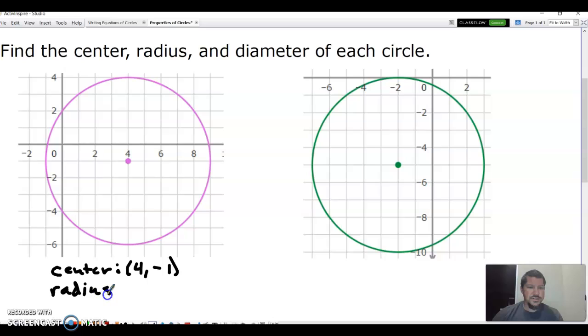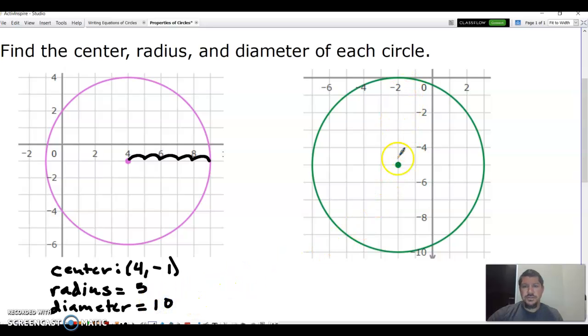The radius I can count is 1, 2, 3, 4, 5, which means that the diameter is this times 2, or 10. Pretty simple.